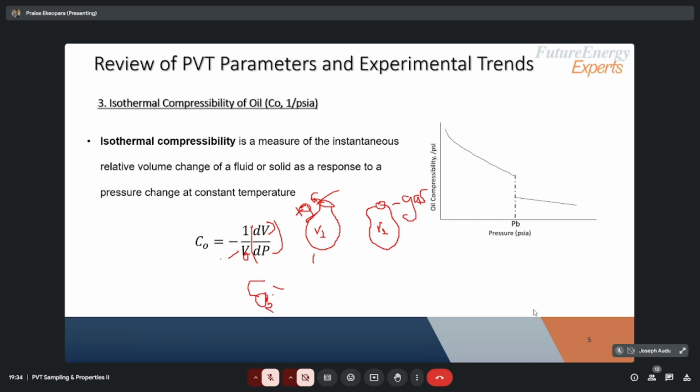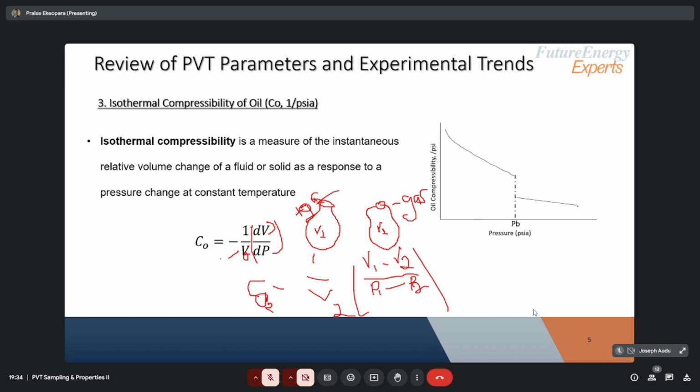What we do is simply come over here and do V1 minus V2, which is the original volume minus the current volume, all over P1 minus P2. Then once we are done doing that, we divide by V2 of interest. So if you do this for each pressure interval, you'll be able to calculate your compressibility value.